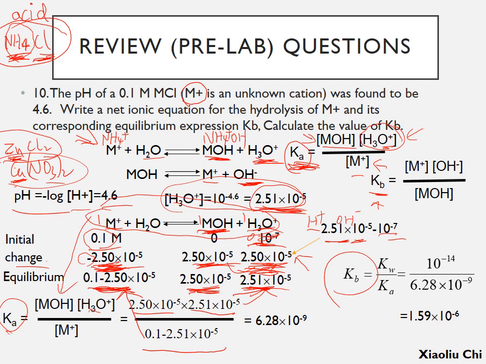And so from there, you know the change for the cation and for the MOH, the weak base, and then the equilibrium is the initial concentration minus the change for the reactants, and plus the change for the product. And then you calculate Ka first, and then you calculate Kb. Okay? For other salts, the procedure is slightly different.